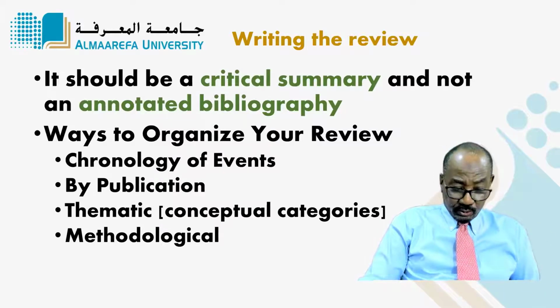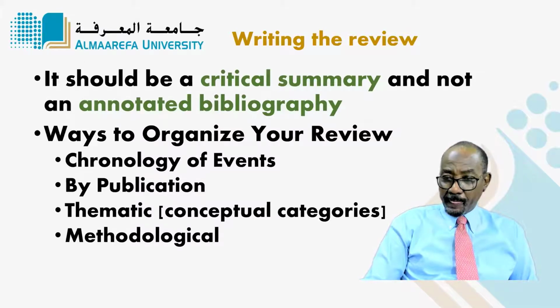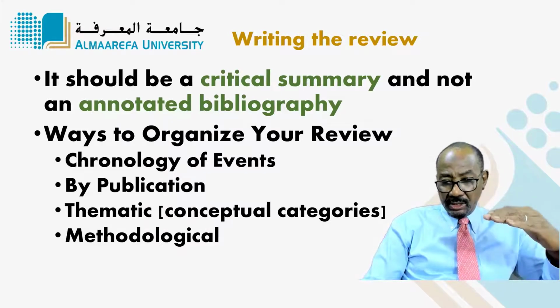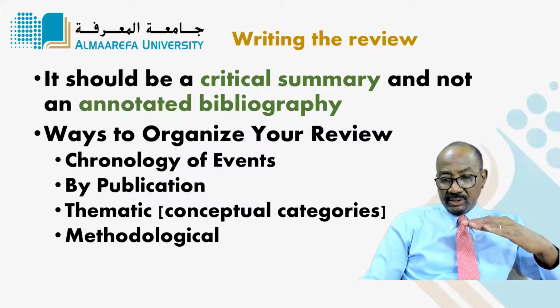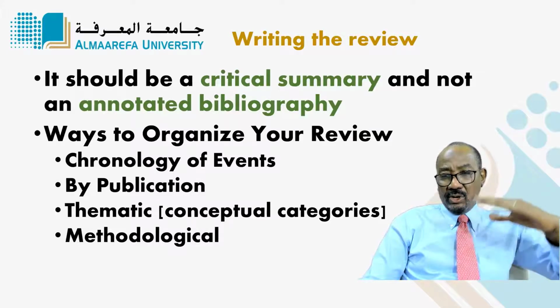If you wanted to use it for research, it should be a critical summary and not an annotated bibliography. And so when you come to organize your review, you can organize it chronologically, or by publication, or by theme, thematic or conceptual categories, or methodological way of organizing.